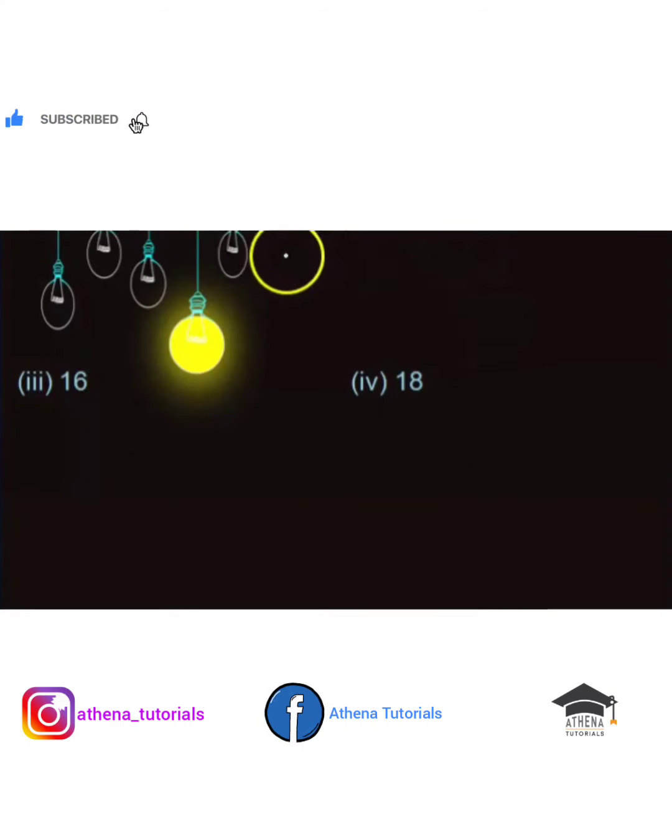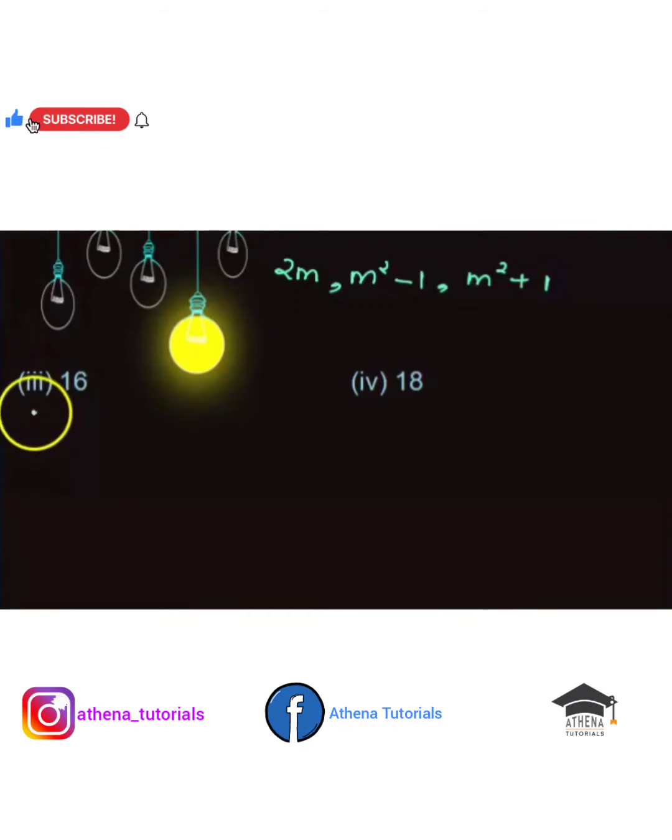I'll write the formulas here: 2m comma m square minus 1 and m square plus 1. So they have given 2m is equal to 16. So m will be equal to 16 by 2, that is 8.